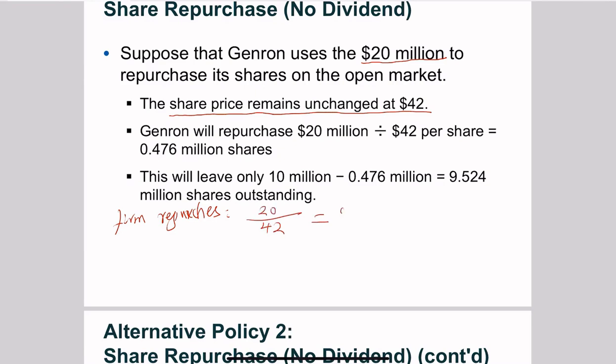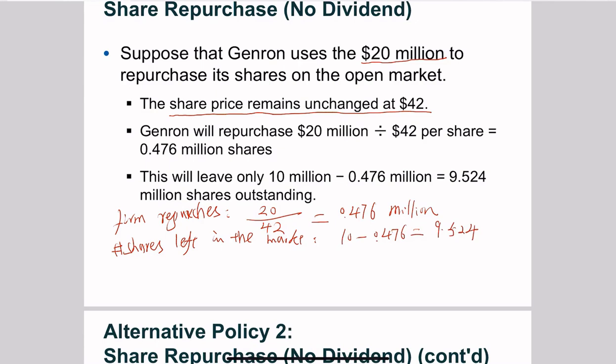So this gives us 0.476 million shares. Then the number of shares left in the market would be the total number of shares minus the number of shares purchased by the firm. So this gives us 9.524, right?